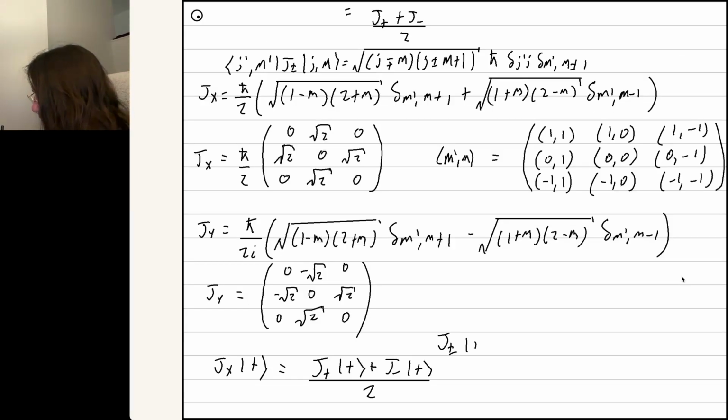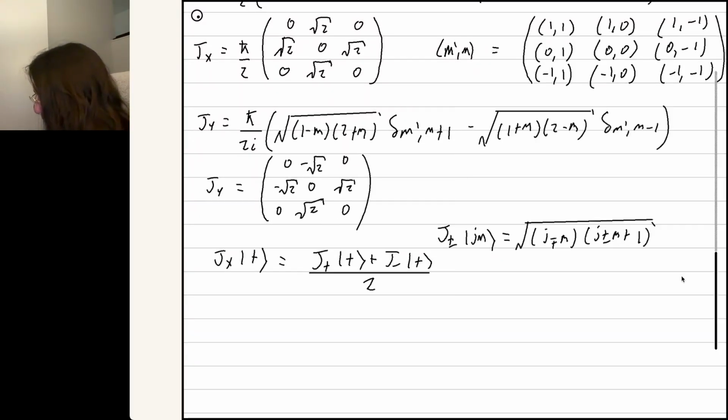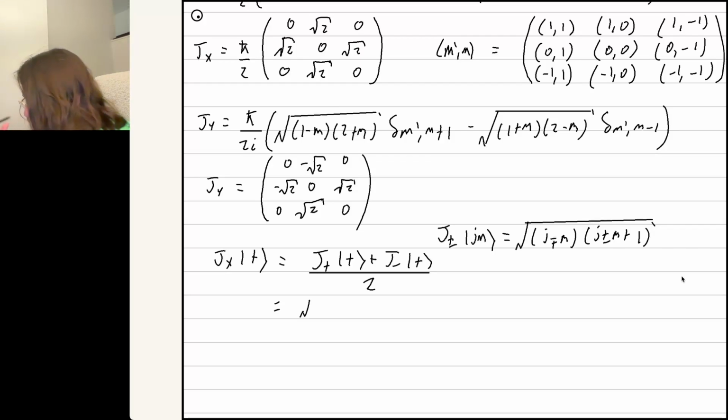Jm, it has a very similar thing. Again, it's just the square root of j minus m or plus m times j plus or minus m plus 1. For the up state vector, j and m are both equal to 1. So you'll have right here the square root of 1 minus 1, so you have the square root of 0, so that one goes away. You'll have 1 plus 1 for the second term.